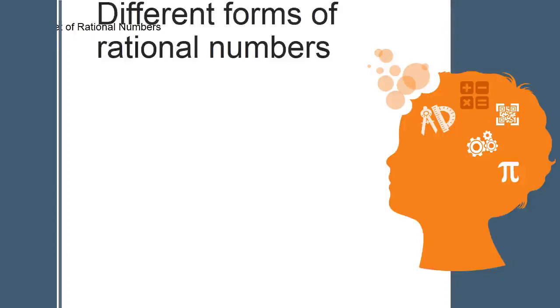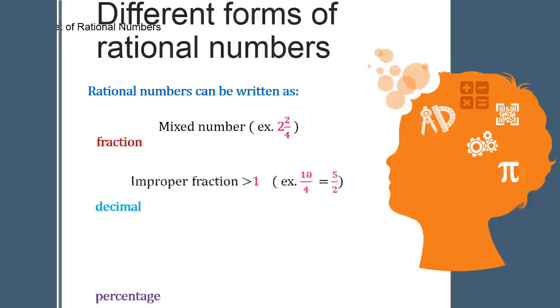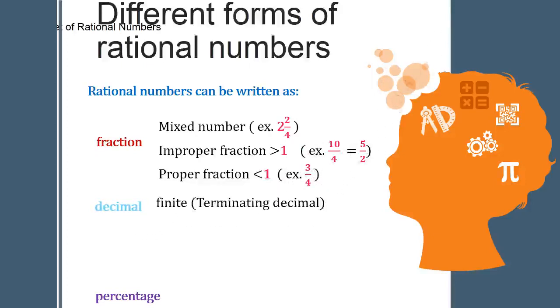Let me explain the different forms of the rational numbers. First, you have to know that rational numbers can be written as fractions, decimals, or percentages. So all the types of fractions belong to the rational numbers. In the decimal form, we have two types of decimal.